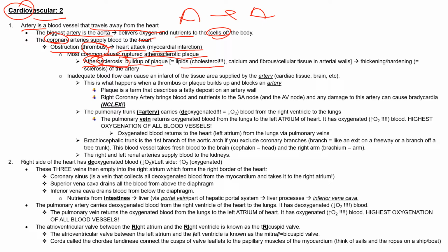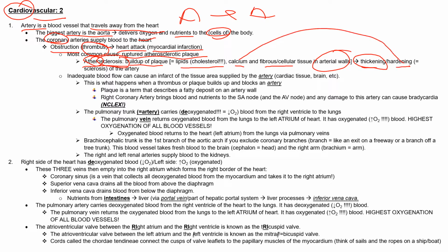Lipids, cholesterol is a kind of a lipid, but also calcium and fibrous, thread-like material, but also cells in arterial walls. This is a material that shouldn't be there, so it adds to the thickness and the walls become thicker, but it also hardens.